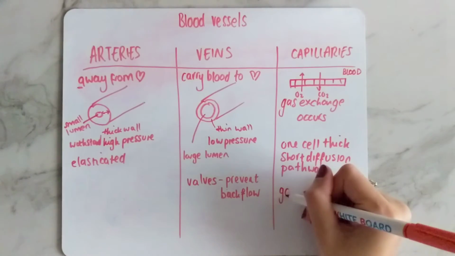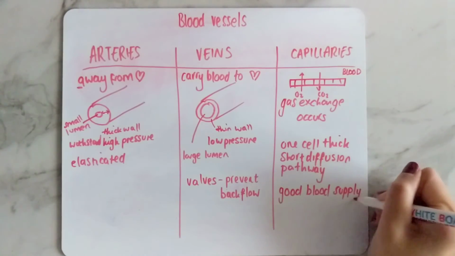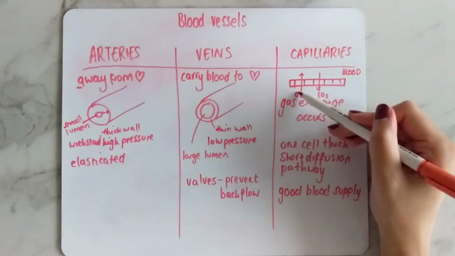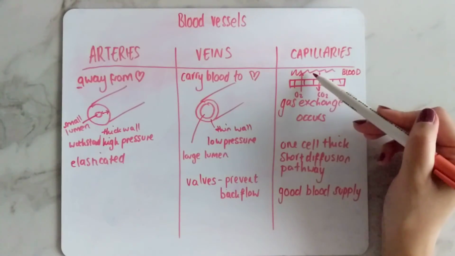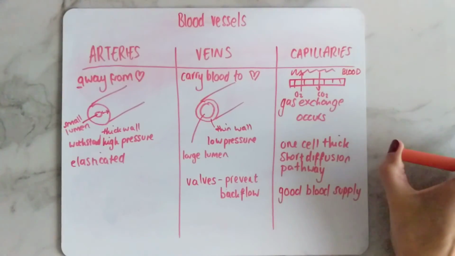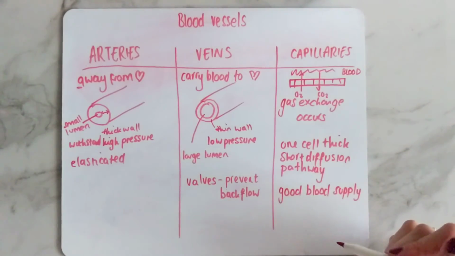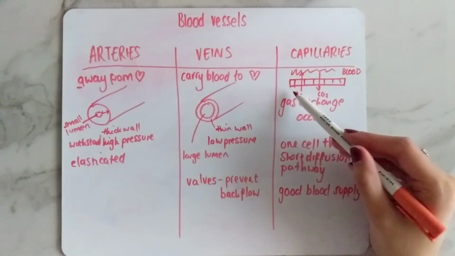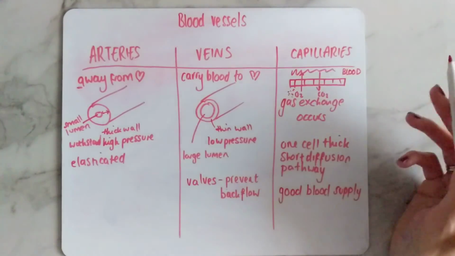They have a good blood supply, and again that just helps with diffusion being quicker, because as soon as the oxygen gets into this blood, it's then carried away, and then more deoxygenated blood comes along, and then more is travelled across. Remember, diffusion only happens across a concentration gradient, so having a difference in oxygenated blood and deoxygenated blood, and having lots of oxygen this side and not much that side, means that the particles will diffuse across.